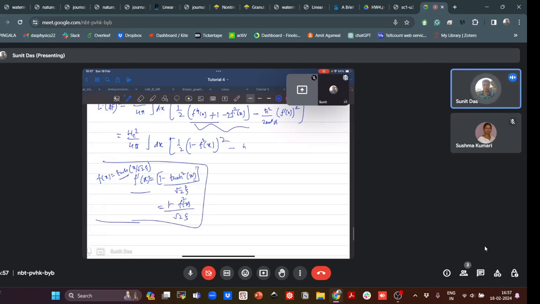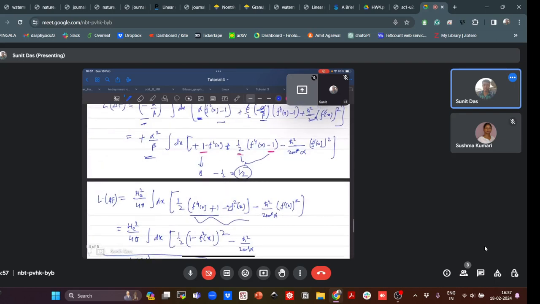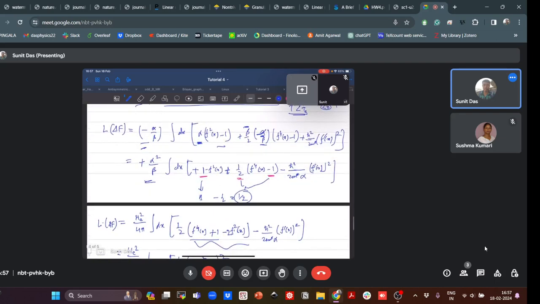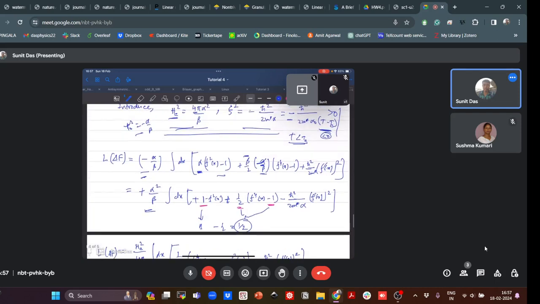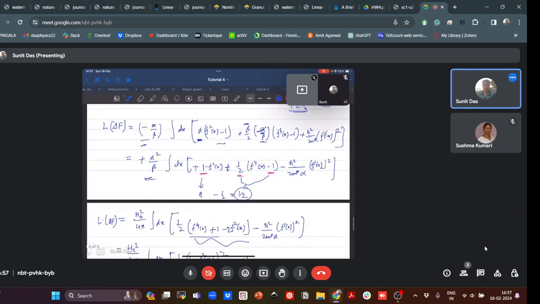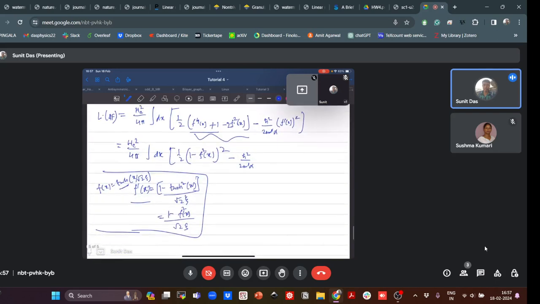Okay, so then we'll write it as f square, 2m star alpha, then f prime x square, it will be 1 minus f square x square by root 2 xi square.